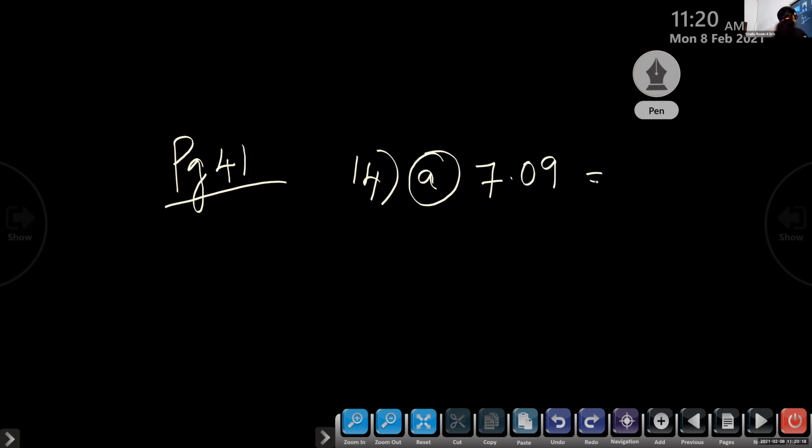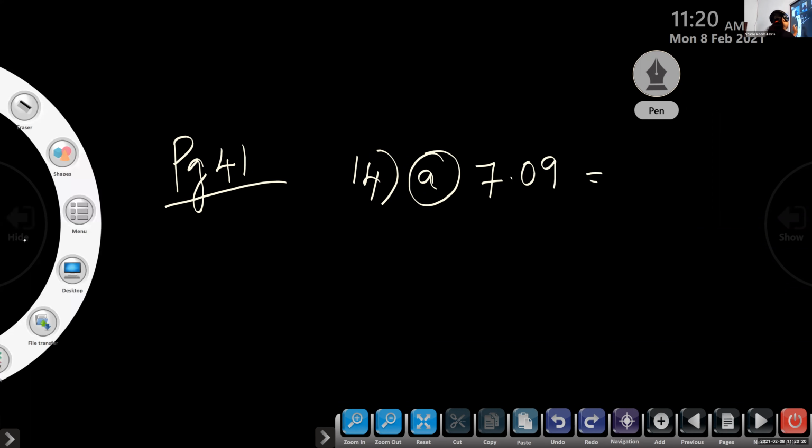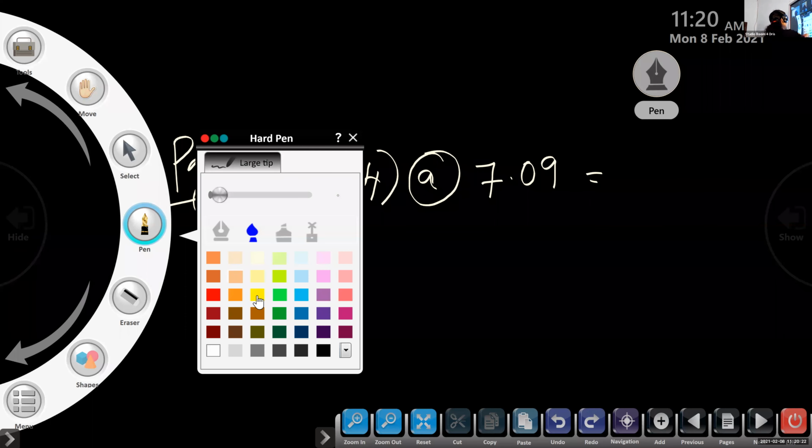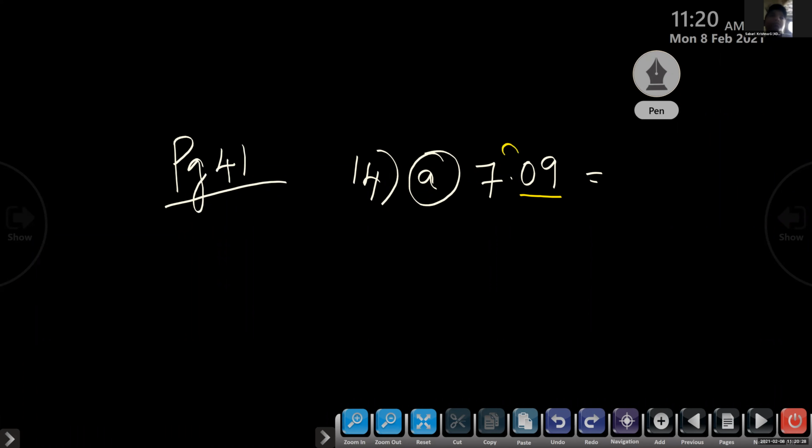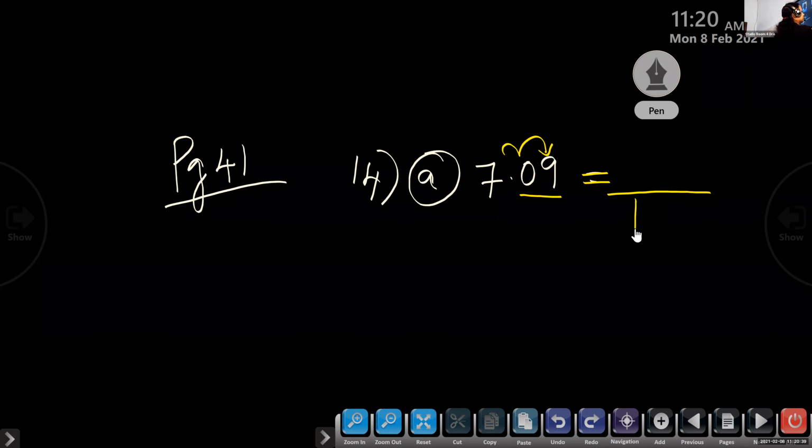So children, all of you have to look at the decimal part. How many digits after the decimal point? 2. So in the denominator, we will write how many zeros? Here we have 2, so 2 zeros.